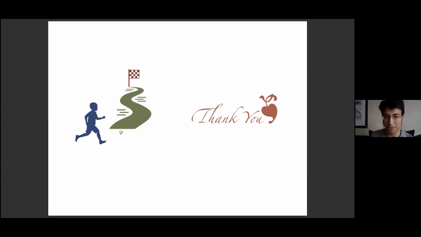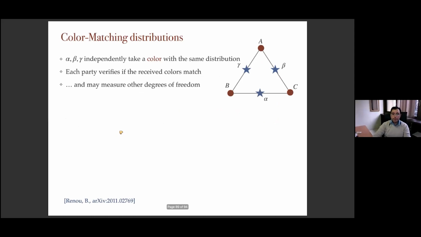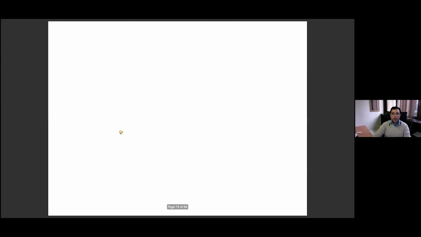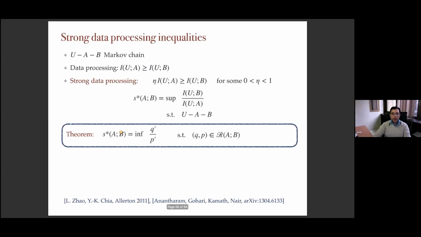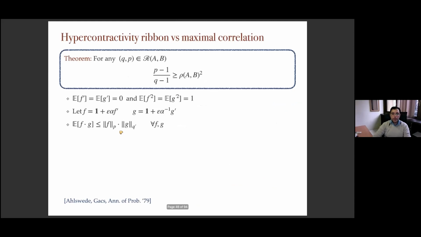Why is the hypercontractivity ribbon a ribbon? I mean, it seems to be unbounded. Can it be unbounded? Yes, it is usually unbounded. For example, let me go back to this example of the Bonami-Beckner inequality.